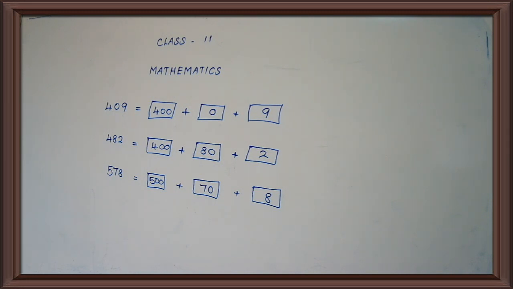Then F question, 409. Which one is in ones place? 409. 3 boxes are there.